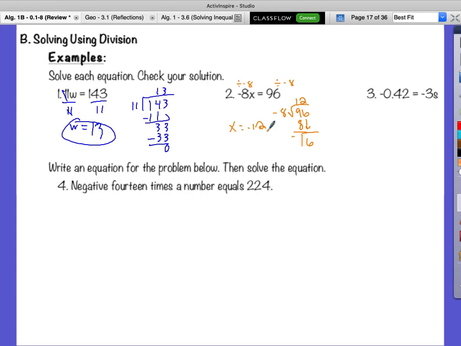We can do it. Let's do others. Is it wrong? So how many times does 14 go into 22? 14 goes into 22 one time. This is 14 times 2.